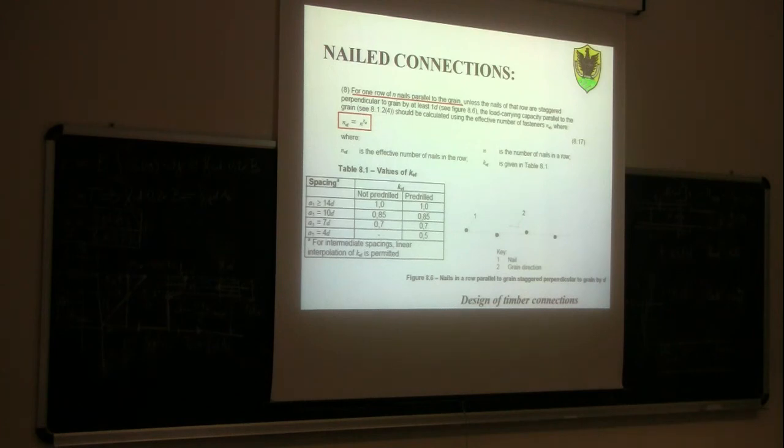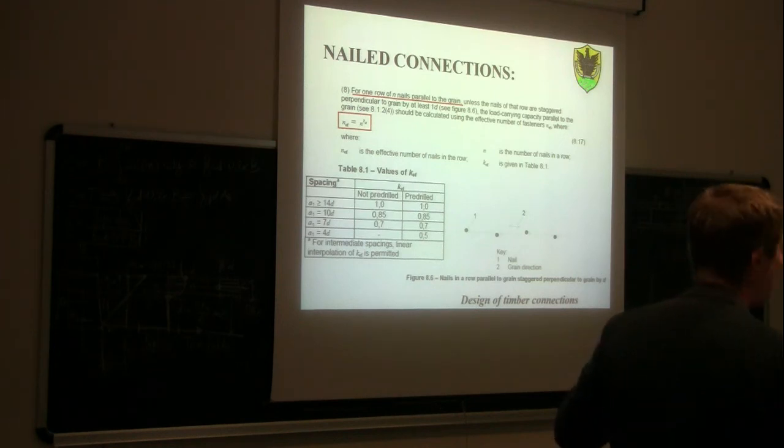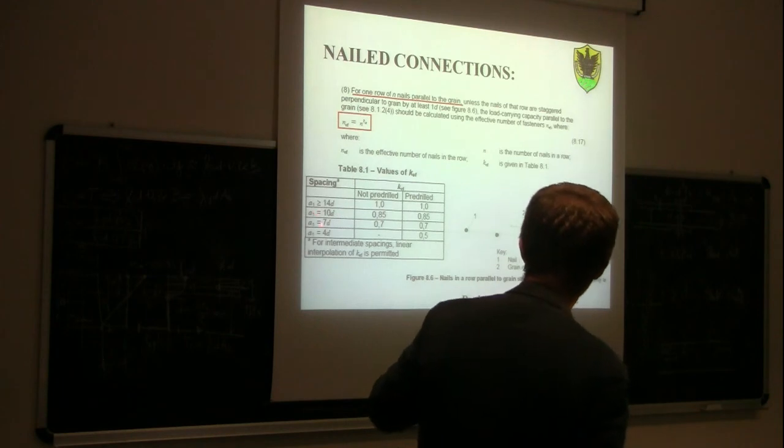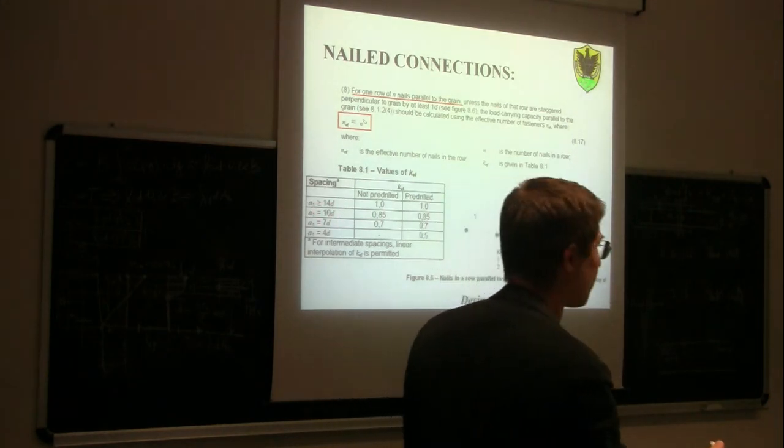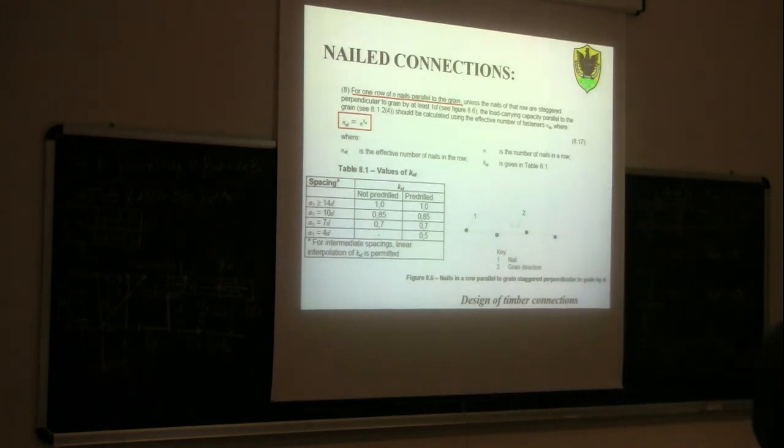So I can basically consider the nails as if they were independent. And so in my formula we use n. However, if I reduce this spacing from 14 diameters, let's understand what 14 diameters is. For example, if I'm using a 3 mm diameter nail, which is quite common, then 3 times 14 is 42 millimeters.